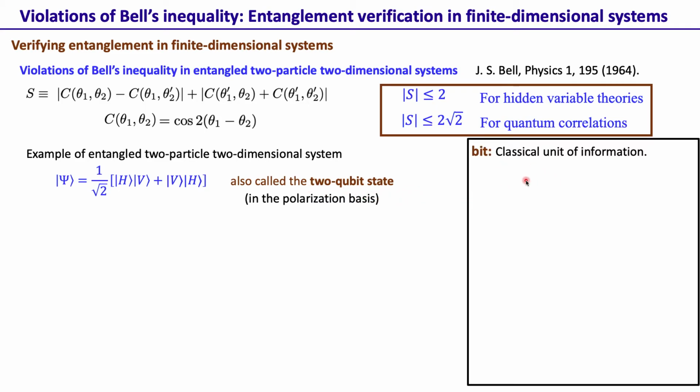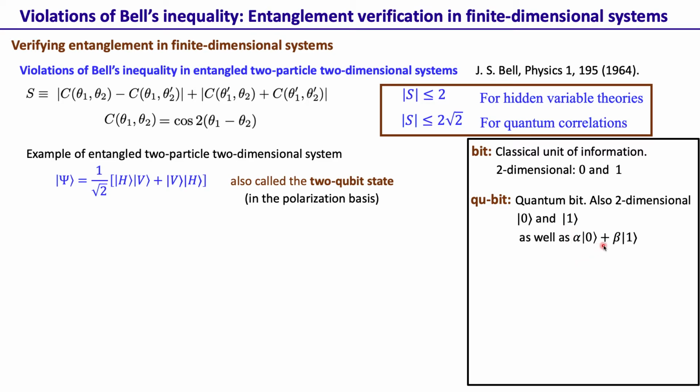The bit is coming from the classical language, the classical unit of information, and when we say bit, B stands for this two-dimensional thing, and here it is 0 and 1. That is a classical bit. In quantum, it becomes qubit, that means quantum bit, and a quantum bit is also two-dimensional, but here a quantum bit can mean 0 and 1 as well as alpha 0 plus beta 1, that means any superposition of 0 and 1.